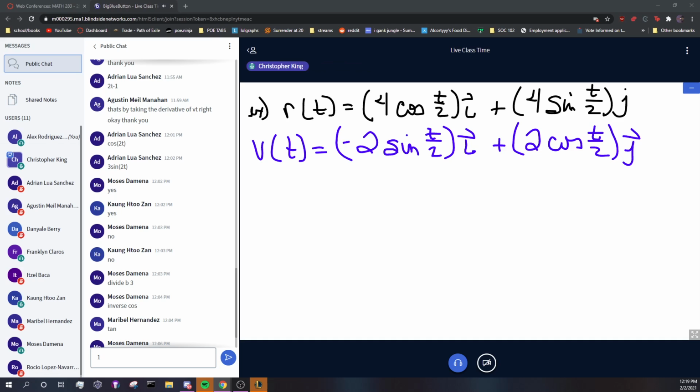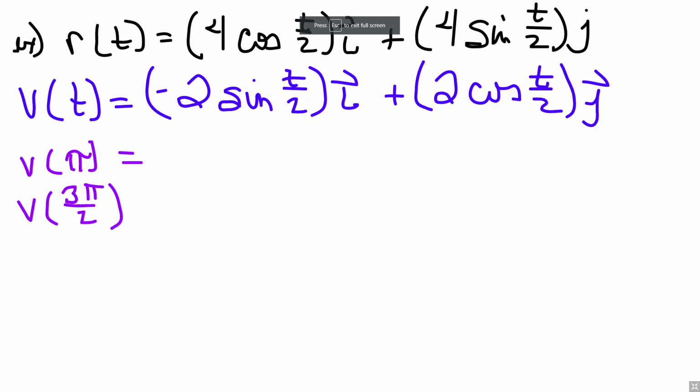And now let's go ahead and do the evaluation. So we're going to look at v of pi, and then we're going to look at v of 3 pi over 2. So v of pi is going to end up giving us what? Yes, negative 2 in the i direction.